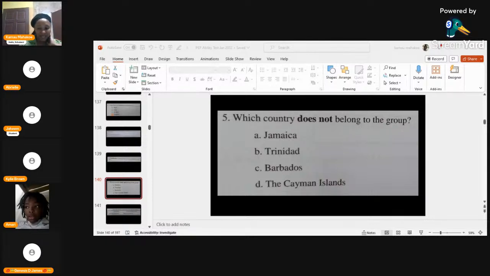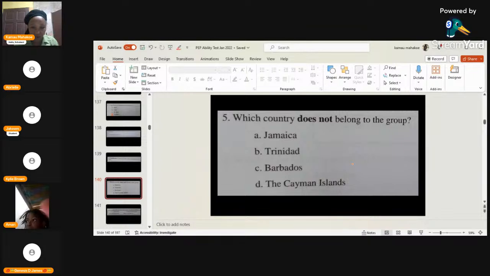All right, so it is a classification question. We're given four options. We have to decide what is similar about three of them, because all four will have something that ties them, but one of them stands out and the other three are more closely knit.